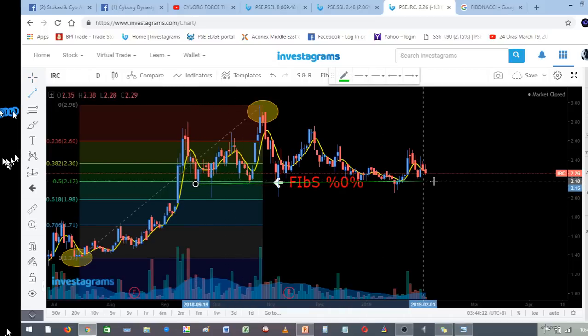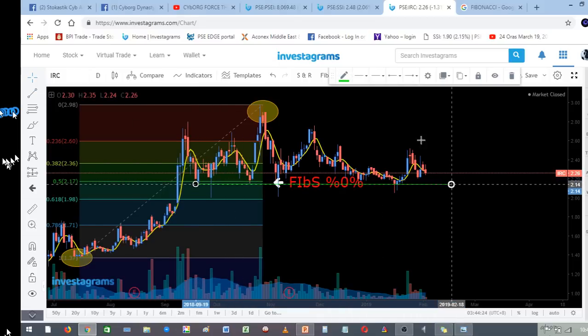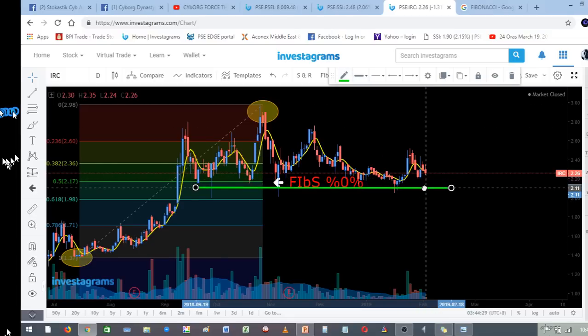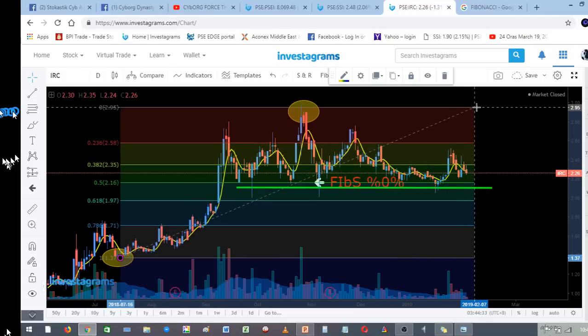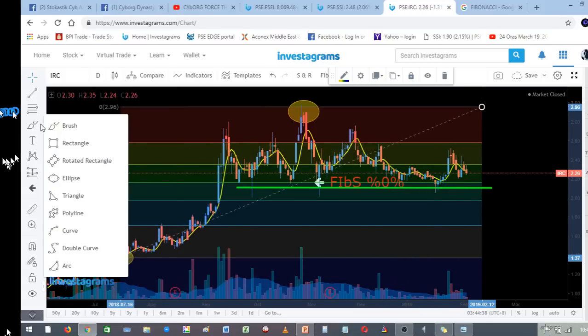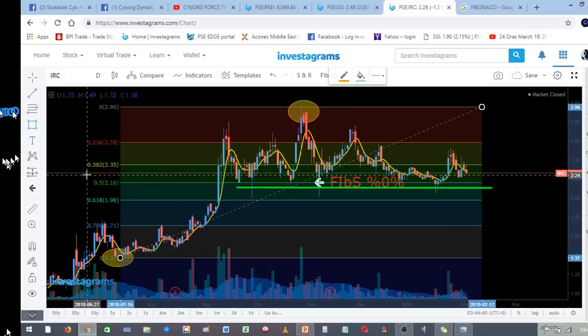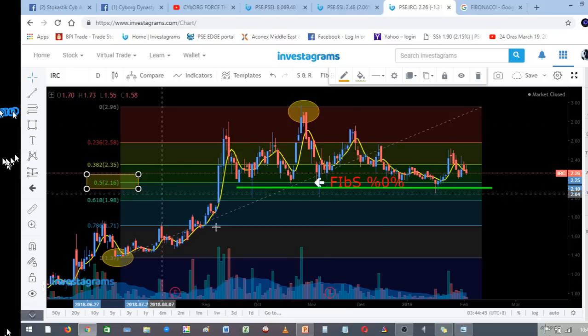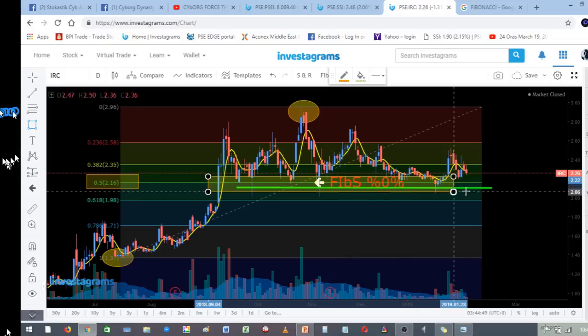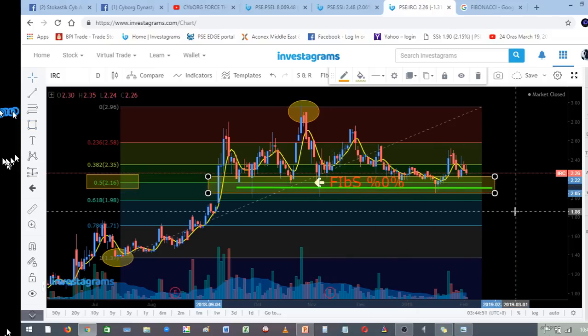So most probably the stock candle went through to this level on the 50 level. So this statement has been proven by plotting our Fibonacci. So this is exactly the Fibonacci 50 level or the 50%.